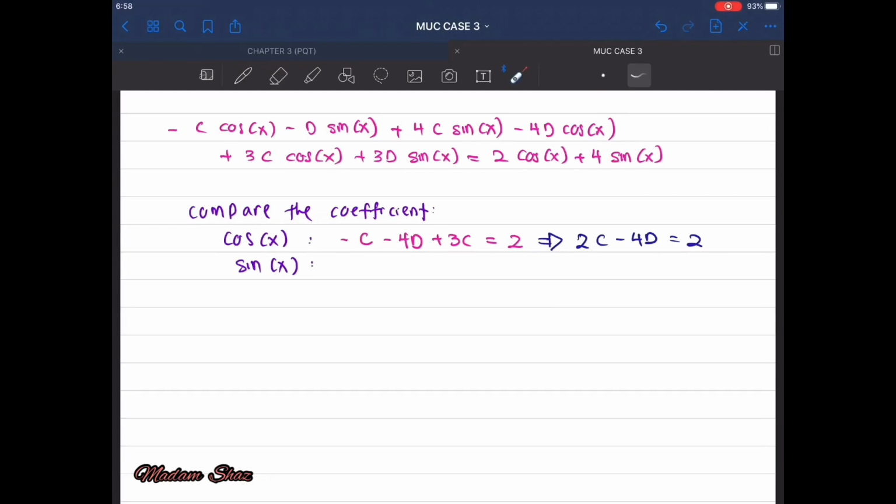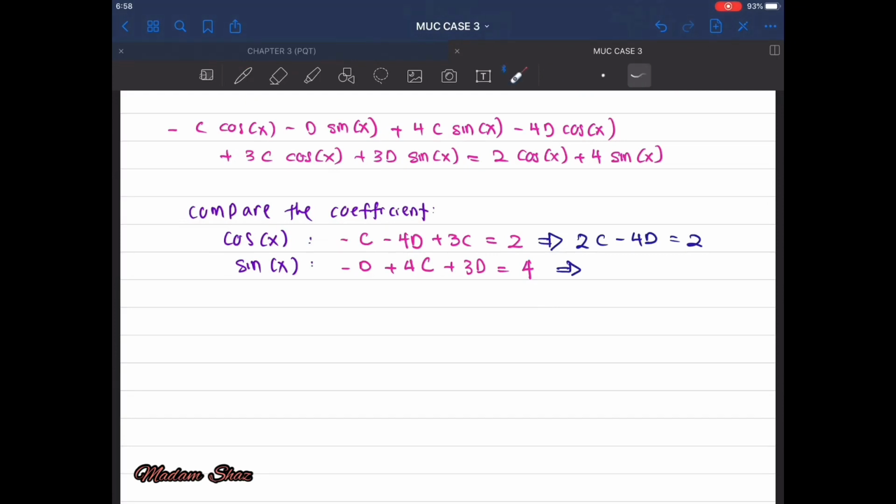So now compare for the sin. You have negative d plus 4c plus 3d is equal to, compare to your right hand side, 4 sin x. So it's equal to 4.